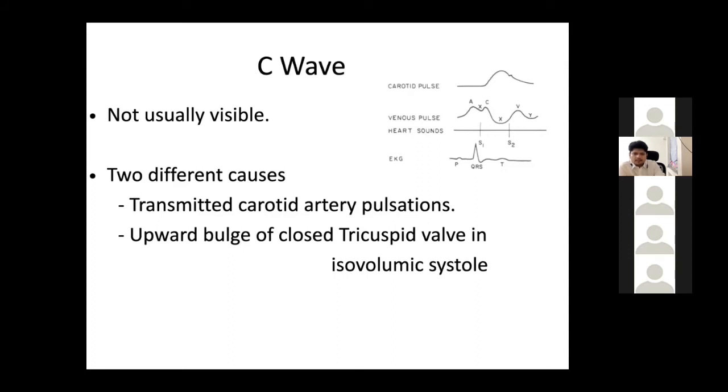Exophthalmos may be there, and neck and ear pulsation. So if a patient has prominent ear pulsation, it is one of the features of tricuspid regurgitation. Also, you can see the exophthalmos, you can see the pulsatile liver. A pulsatile liver or a systolic pulsation is seen in tricuspid regurgitation, and ascites may be there.